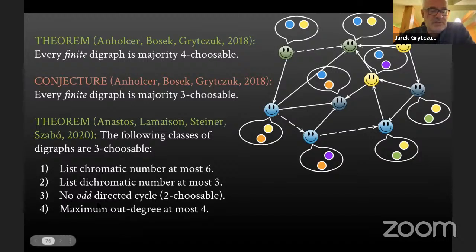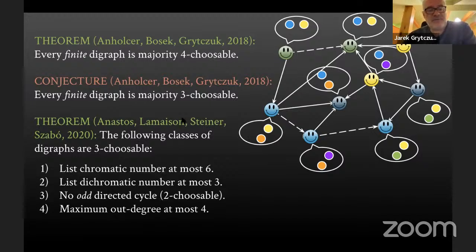Here is a quite nice fact. If in a digraph there are no odd directed cycles, then it is even 2 choosable in a majority sense. So this is quite surprising maybe. And one last point says something about graphs of bounded maximum out degree.